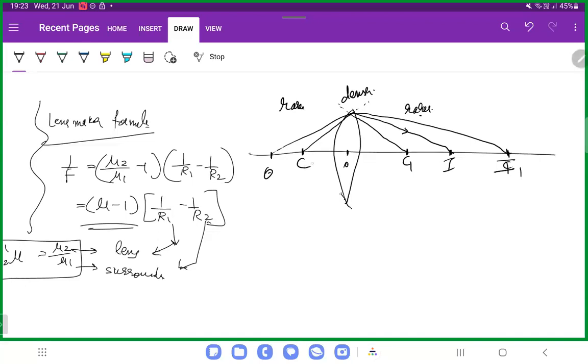I wrote one here, then we can write two here.